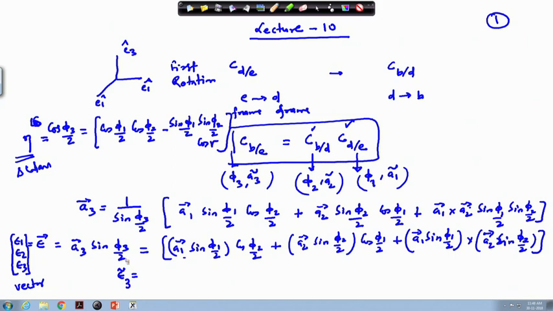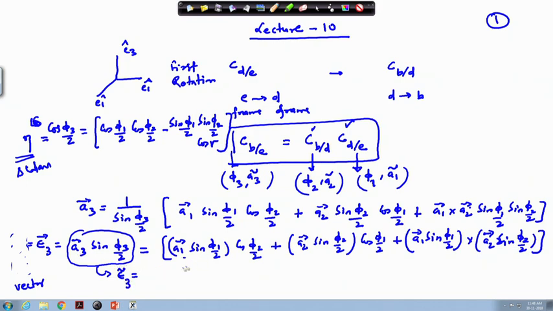Here epsilon 1, epsilon 2, epsilon 3 are the components of this, and they are not the same as epsilon tilde 3, so it may create confusion. So, I will rub this part out for the time being. Now, this part we are writing as epsilon 3 tilde.